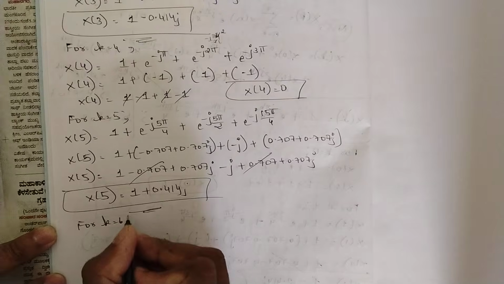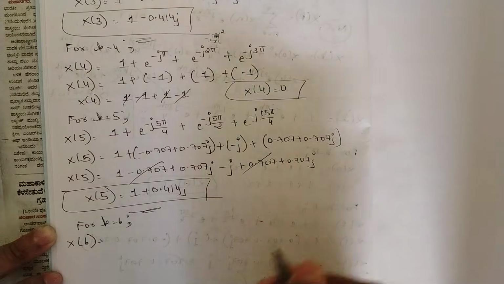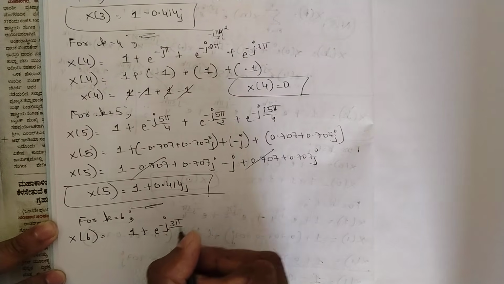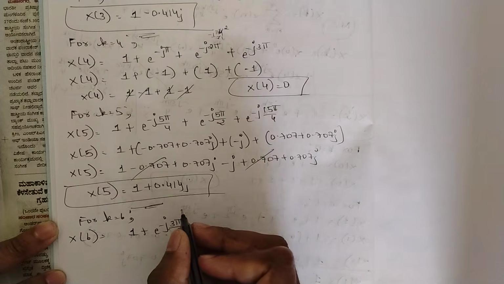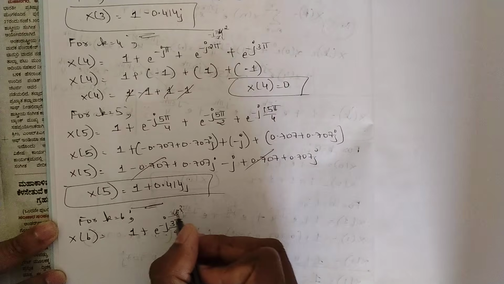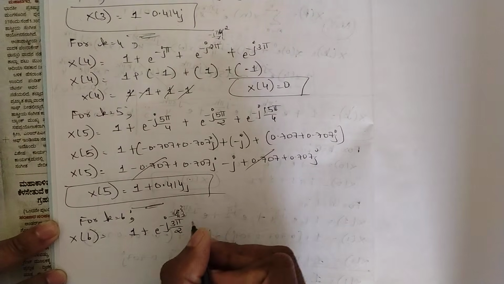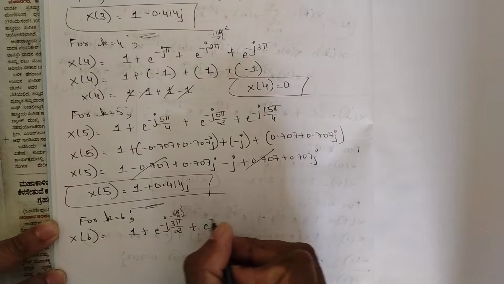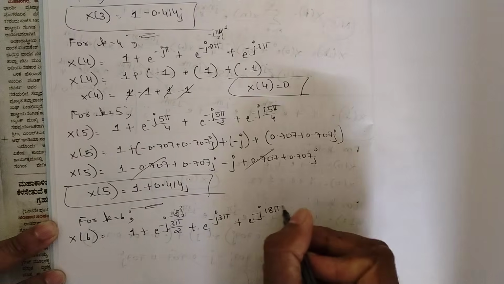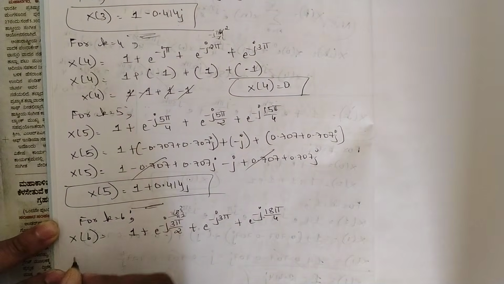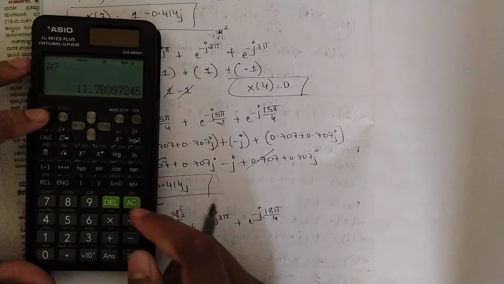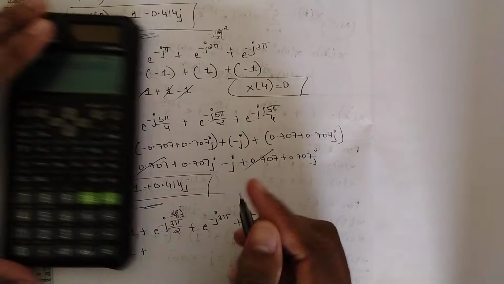Similarly, we are left with only two terms now, for k is equal to 6 and k is equal to 7. That is x of 6 is equal to 1 plus e power minus j 3 pi by 2. Okay, since we have here j pi k by 4, that is j pi into 6 by 4. So 2 3s are 6, 2 2s are 4, we would be left with 3 pi by 2. Okay, then plus e power minus j 3 pi plus e power minus j 18 pi by 4. Okay, so x of 6 here now 1 plus, so in place of theta again we have 3 pi by 2, that is plus j.